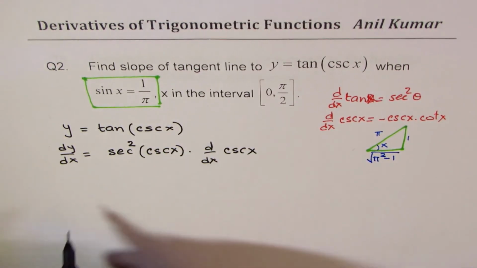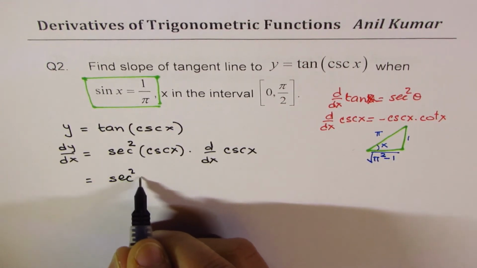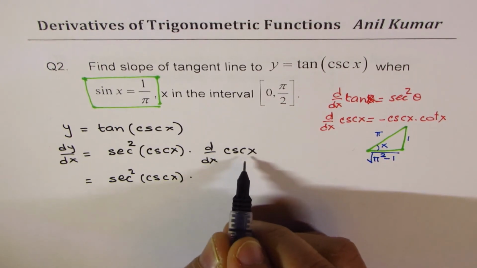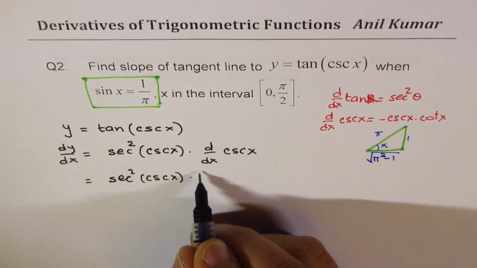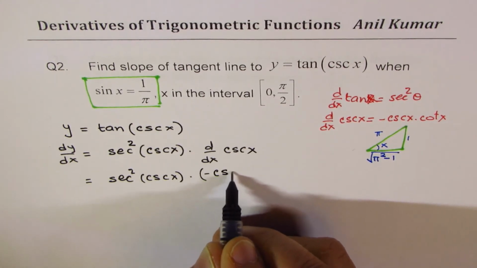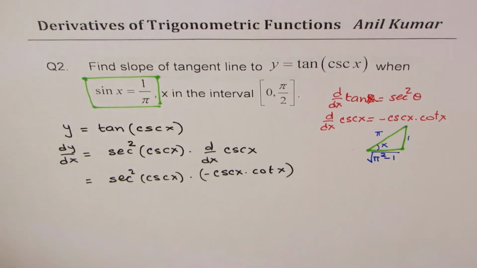Perfect. So that is a very important step. And now what we get here is secant square cosecant x times, now the derivative of cosecant x is negative cosecant x cotangent x. Perfect. That's what you get.